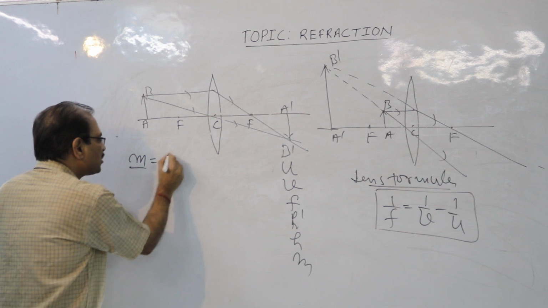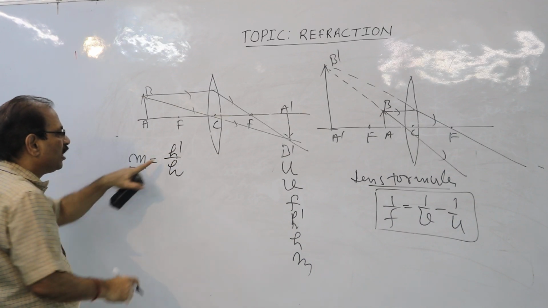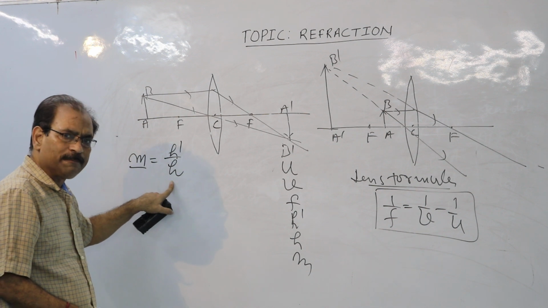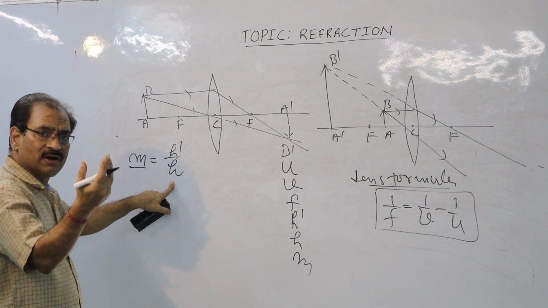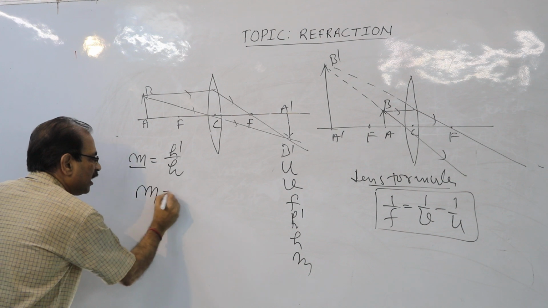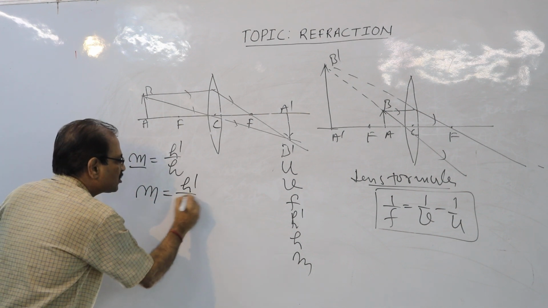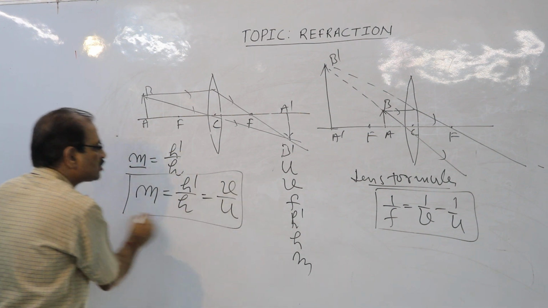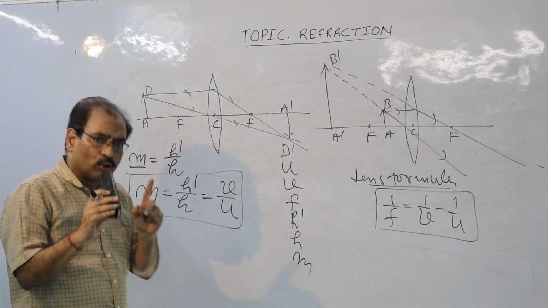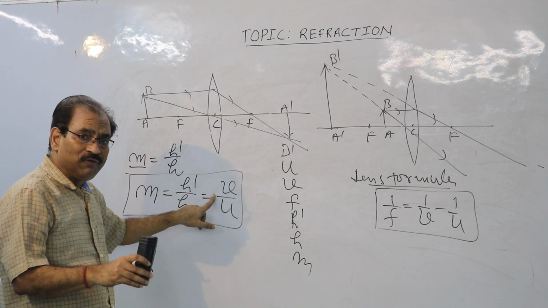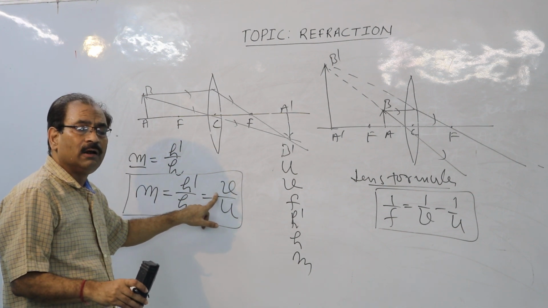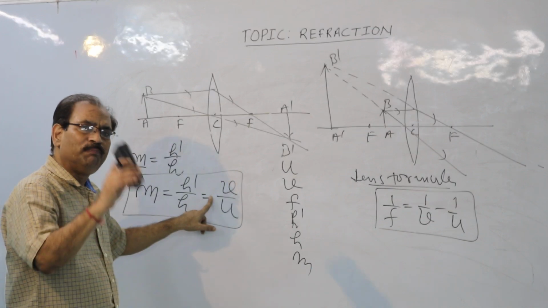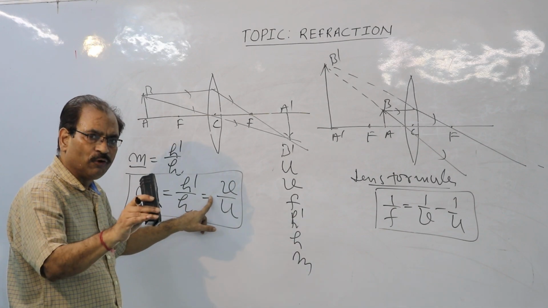M is defined as H dash upon H, that is the size of the image divided by the size of the object. And M can have another formula: H dash upon H is equal to V upon U. Children, it is a point to be noted here. In reflection, a minus sign was there, but here in case of refraction, minus is not present at all. So please make it a point, remember it forever.